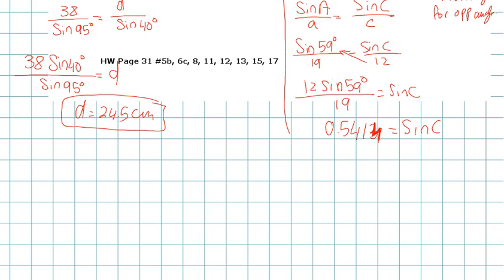Remember yesterday we said anytime we're looking for an angle, what do we have to do? Second shift. Remember that sine with a -1 on top of it? We have to do that. Okay? So basically to find angle C, I have to do the inverse. So what do I get? 33. And remember, angles to the nearest degree.